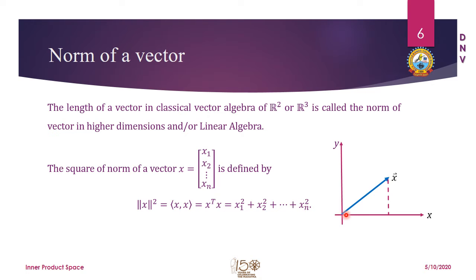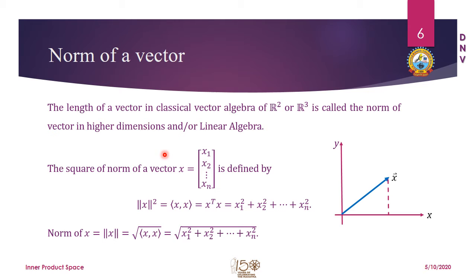This is the length of the vector we call in two dimensions, and in the Euclidean space Rn we call it the norm of a vector. So the norm of x, written with double lines, is equal to the square root of the inner product of x with x, equal to the square root of x1 square plus x2 square up to xn square. This is the very simple and formal definition of the norm of a vector.